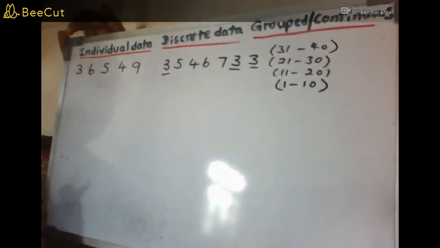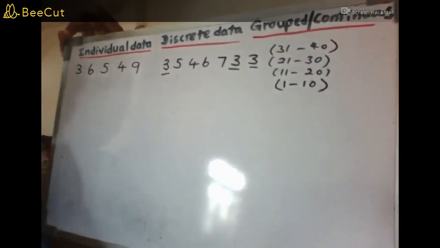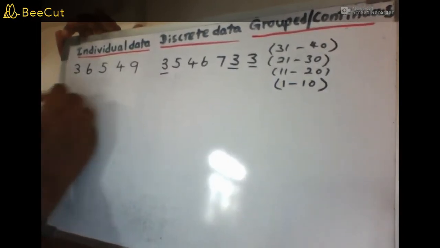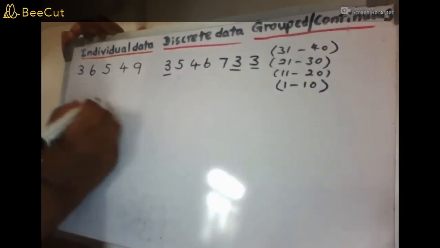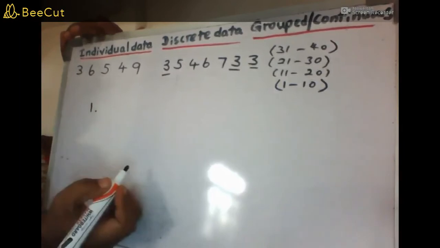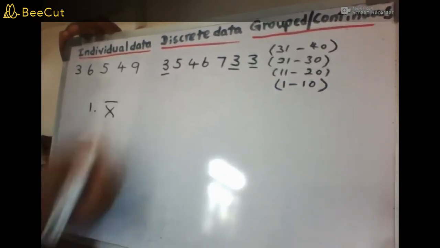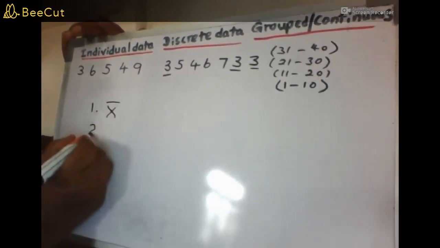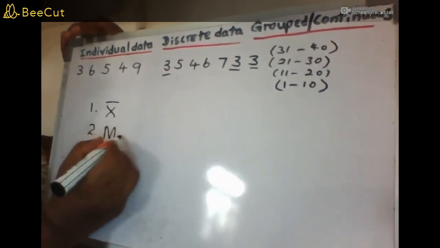First we'll take the measures of central tendency. Go through your notes, you can understand. Under measures of central tendency, there are three measures. One, arithmetic mean, x bar. Two, median.